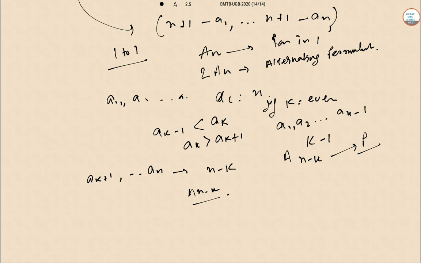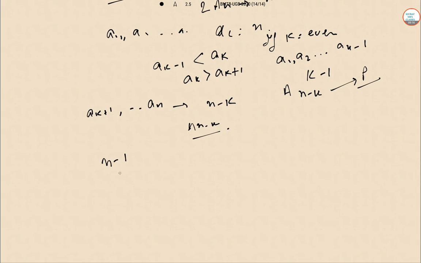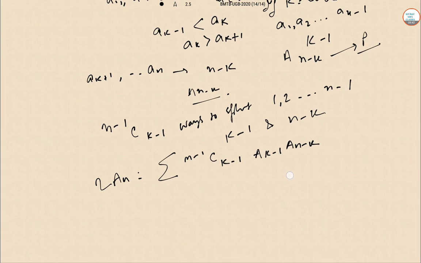Okay, so first set, second set clear. Now there are n minus 1 choose k minus 1 ways to split 1, 2, dot dot dot n minus 1 into groups of k minus 1 and n minus k elements. So obviously 2an here will be the summation of n minus 1 choose k minus 1 times a of k minus 1 times a of n minus k, with k equal to 1 to n.